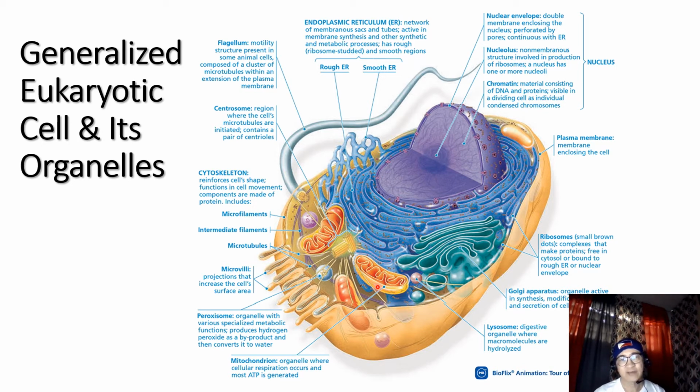The cytoskeleton can also serve in guiding the transport of substances or cell products throughout the cell cytoplasm. So the cytoskeleton formed by the microtubules, intermediate filaments, and microfilaments is a very crucial scaffold of fibers that has many functions as well.